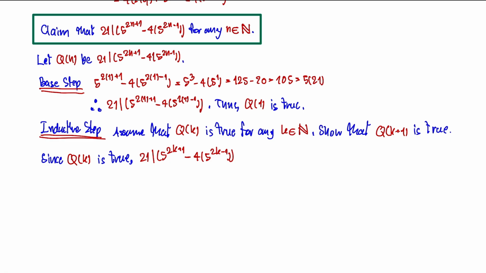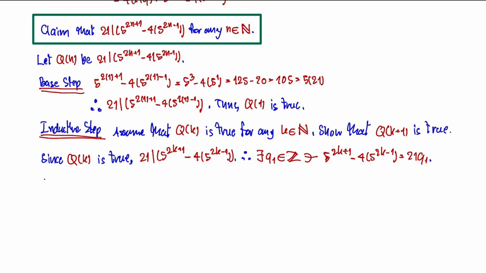Then what do we have if we have this division? We have an integer, let's say q1, such that 5 to the 2k plus 1 minus 4 times 5 to the 2k minus 1 equals 21 q1. And then we try to show that Q(k+1) is true.